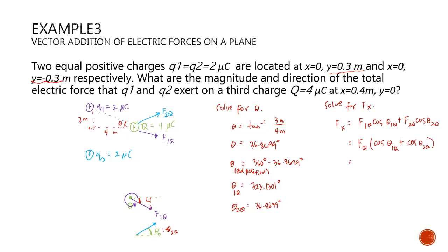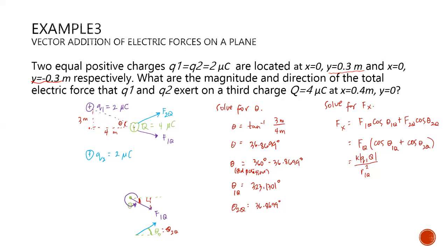F sub 1Q and F sub 2Q again are equal because Q1 and Q2 are equal. Basically it's k times the absolute value of Q1 or Q2, times Q, all over r sub 1Q squared. Again, they are equal.